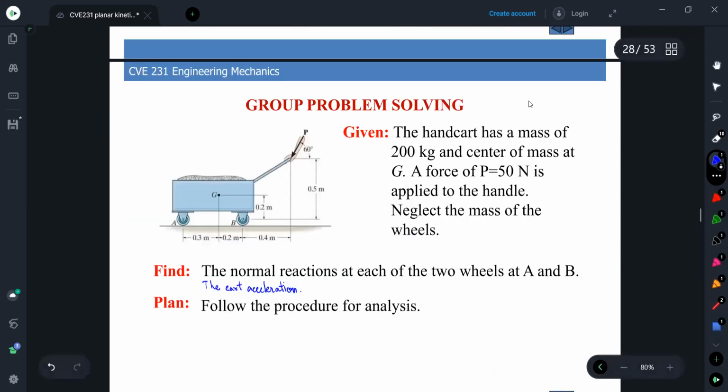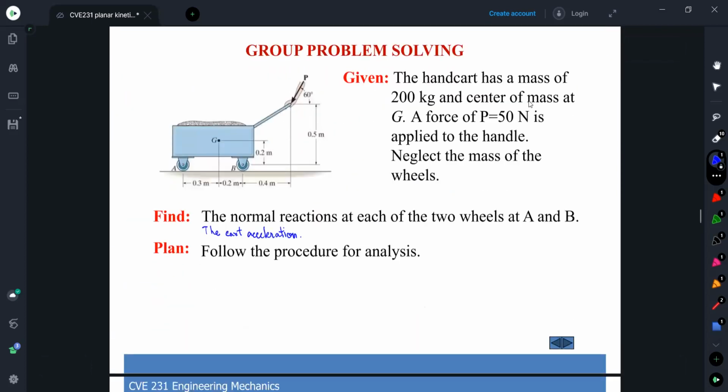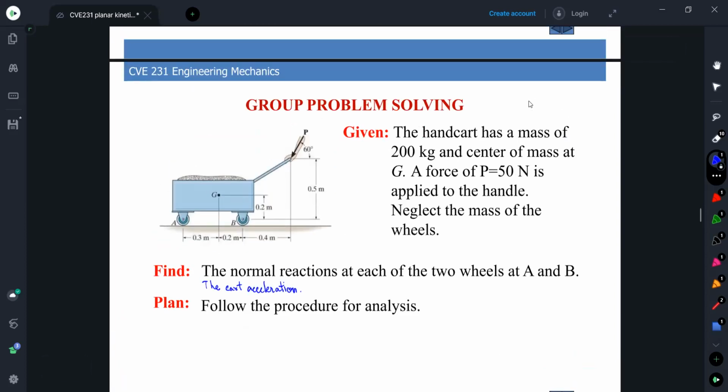So let's take a look at this example. The hand cart has a mass of 200 kilograms and the center of mass is located at point G. A force of P equal to 50 Newton is applied to the handle.